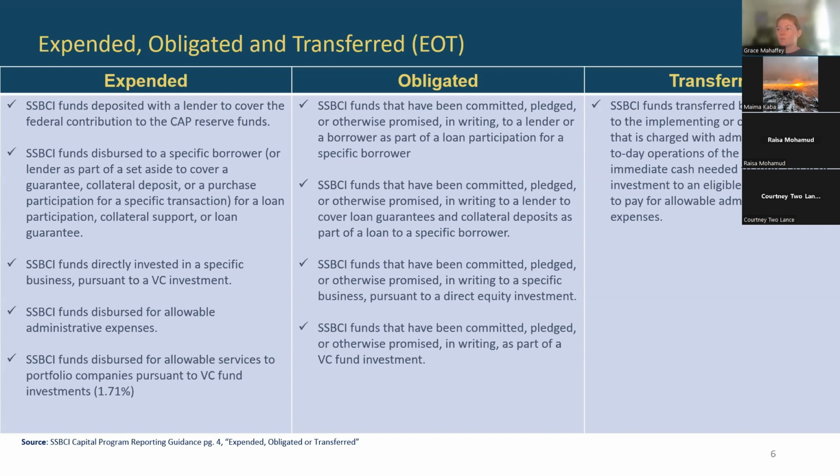For direct investments to be considered obligated, there should be a signed investment agreement and the funds have not been received by the business. For fund investment programs, funds must be committed, pledged, or promised in writing as part of a VC fund agreement, and the obligation is at the fund level. The main thing to note for transferred is that there should be a documented need to fund a loan or investment or to pay for allowable expenses. All right, next slide.